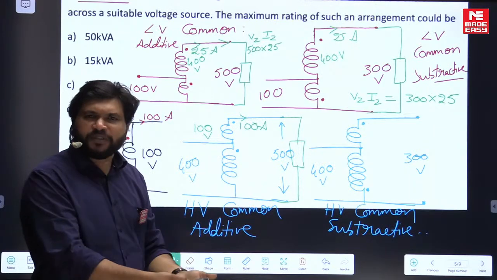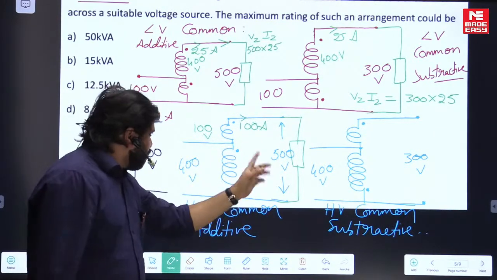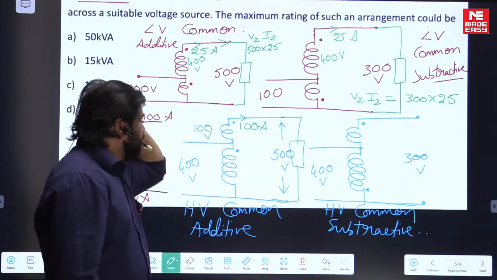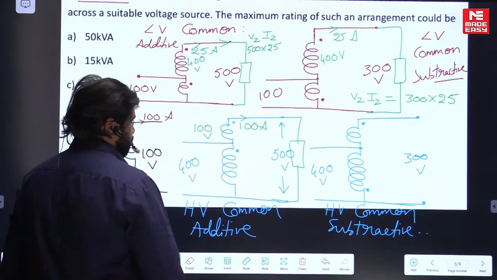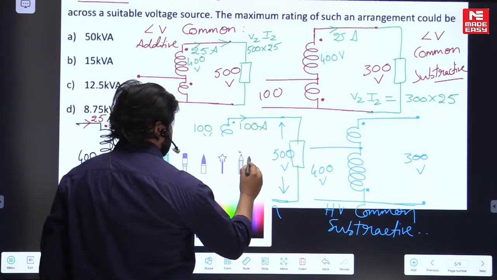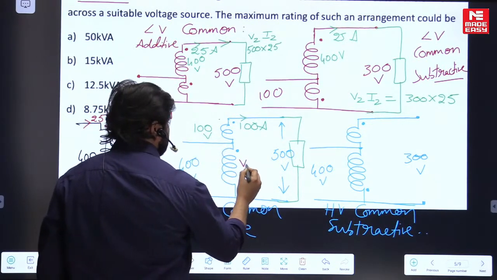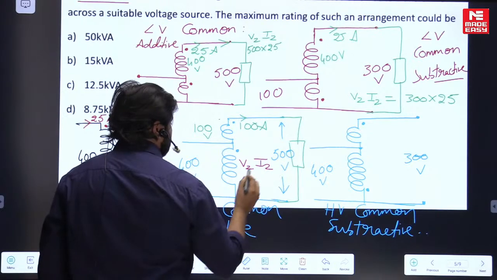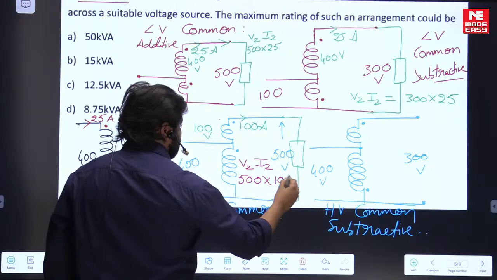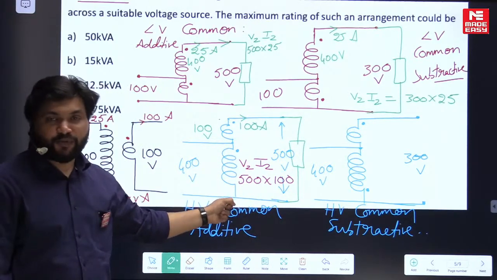Load means output, output means rating obviously. So that's the reason why I'm putting load, to make a correct sense. So when a current is flowing, how much current can it carry? Its capacity is 100 ampere. So what is V2 I2? This is the rating of this transformer connection.